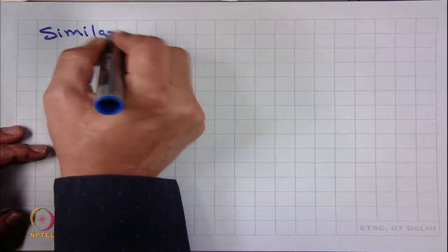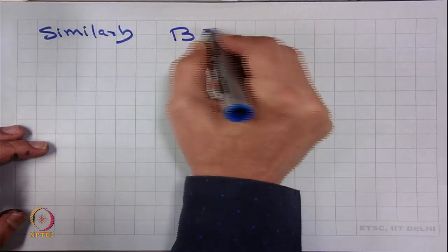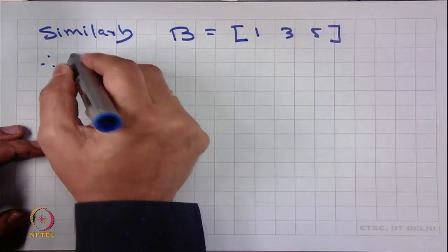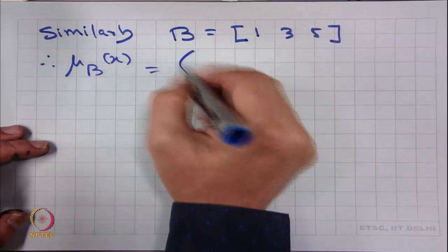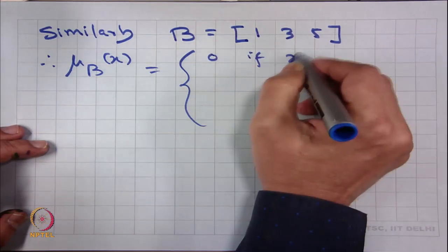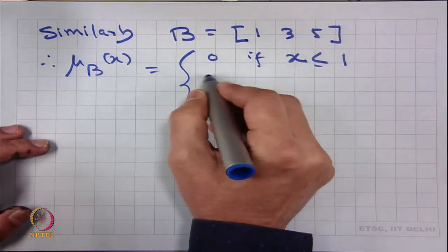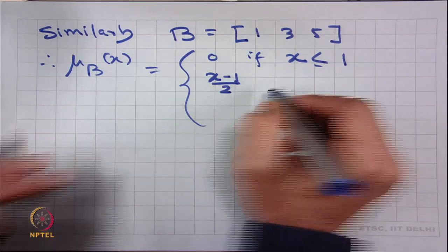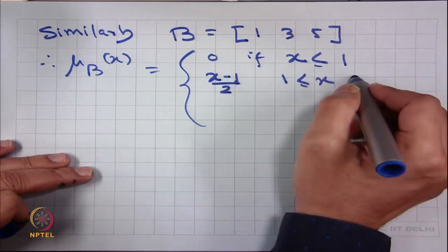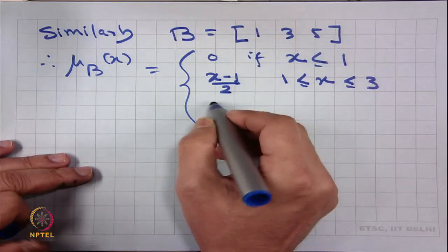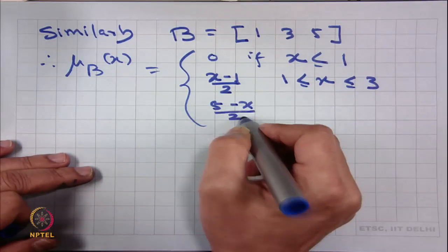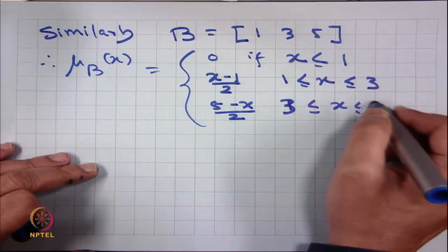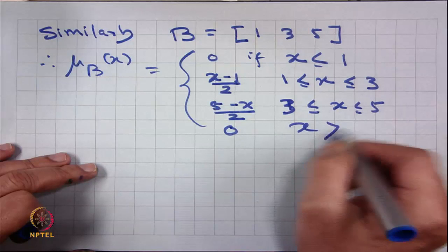Similarly, B is equal to (1, 3, 5). Therefore, mu B of x is equal to 0 if x is less than or equal to 1, equal to (x minus 1) upon 2 for 1 less than or equal to x less than or equal to 3, equal to (5 minus x) upon 2 for 3 less than or equal to x less than or equal to 5, and 0 for x greater than 5.